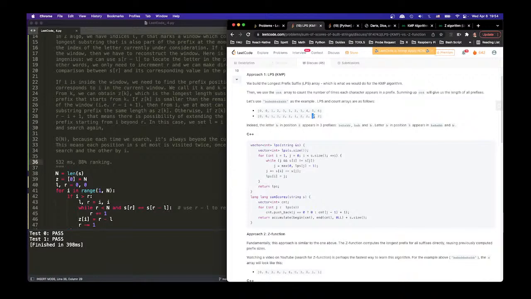I don't understand this LPS. To count the number of times each character appears in a prefix, so I know how many prefixes each character is in. This character is in a certain number of prefixes, and the next character is in a certain number of prefixes.